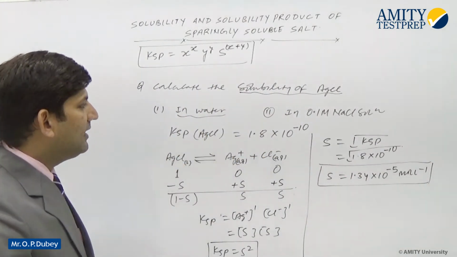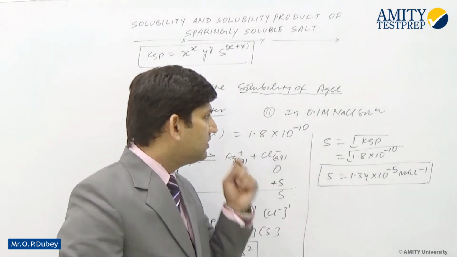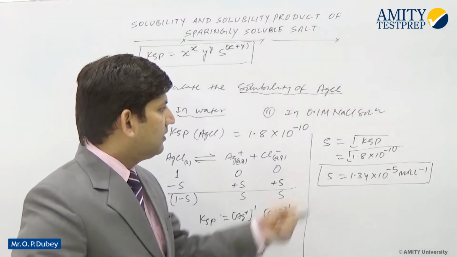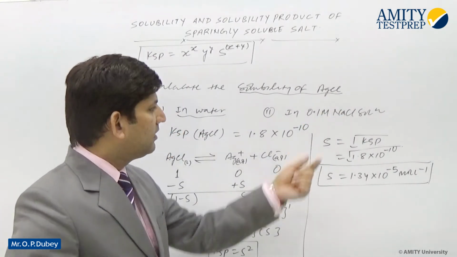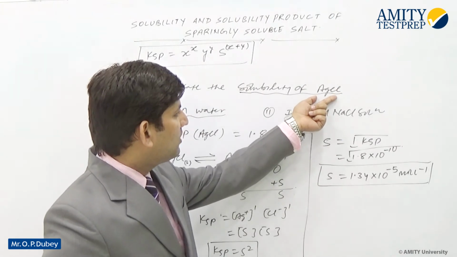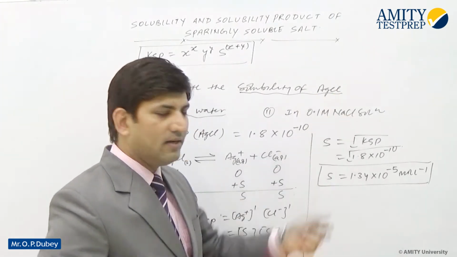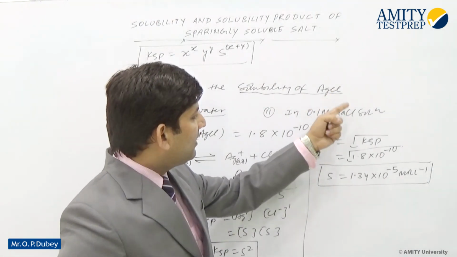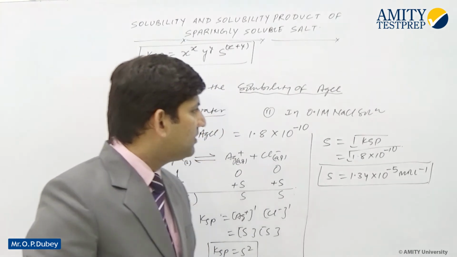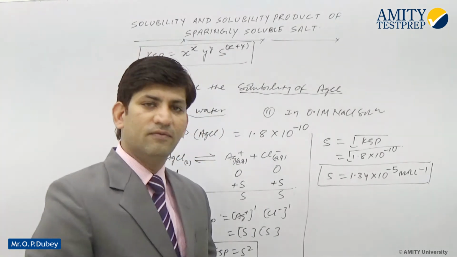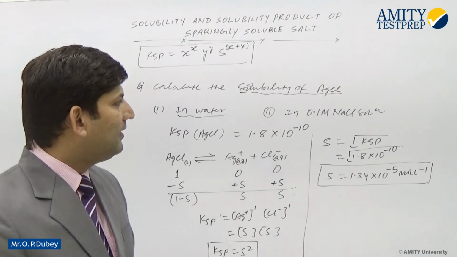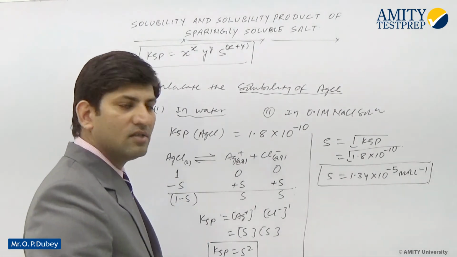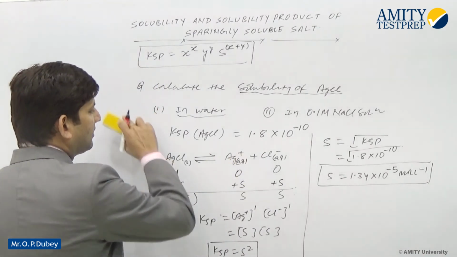Now the solubility of AgCl in NaCl solution. AgCl is a sparingly soluble salt, but NaCl dissociates 100%. NaCl gives Cl-, AgCl also gives Cl-, but since NaCl dissociates 100%, Cl- is the common ion in this case. Because of the presence of the common ion, the solubility of this sparingly soluble salt decreases. That means the solubility of AgCl decreases in the presence of the common ion from NaCl.